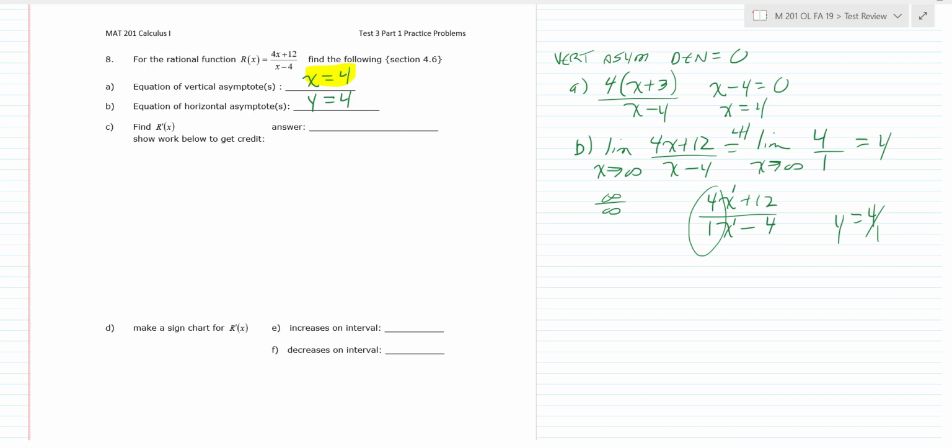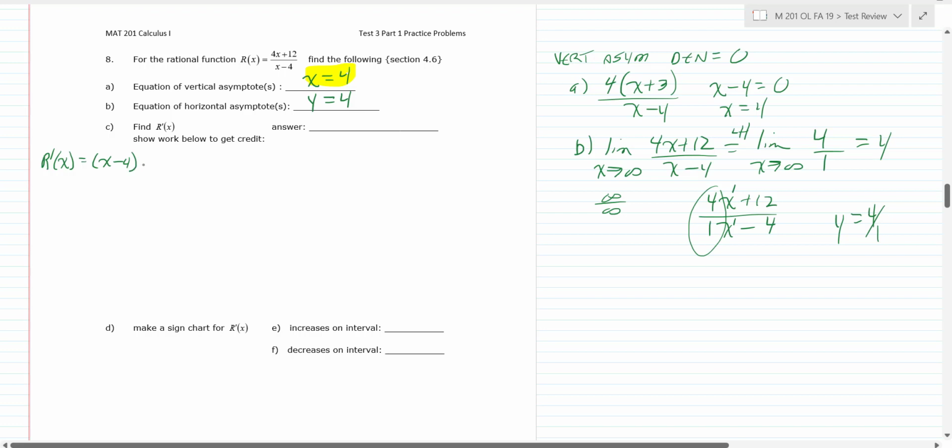Okay, so now next thing we need to do is our first derivative because we're going to analyze where the function increases and decreases. So when I do the first derivative, this is a quotient rule, so I want to take the bottom multiplied by the derivative of the top minus the top multiplied by the derivative of the bottom, and that's all over the bottom squared.